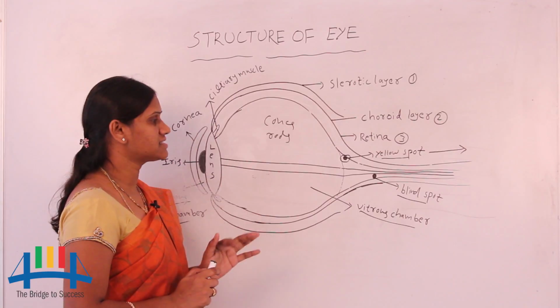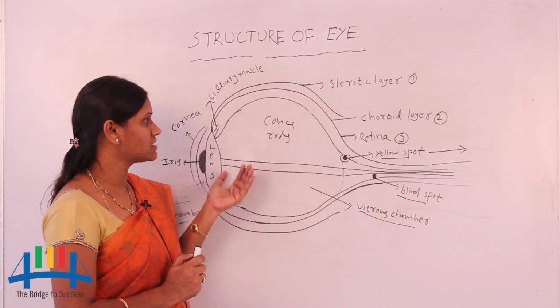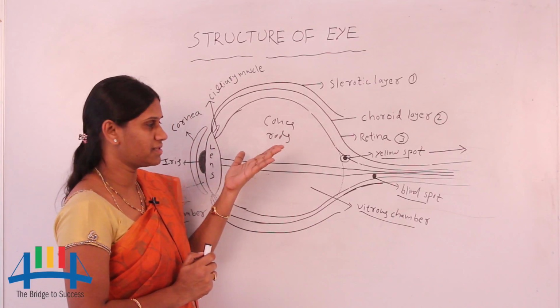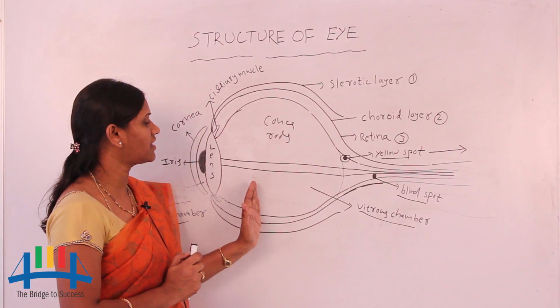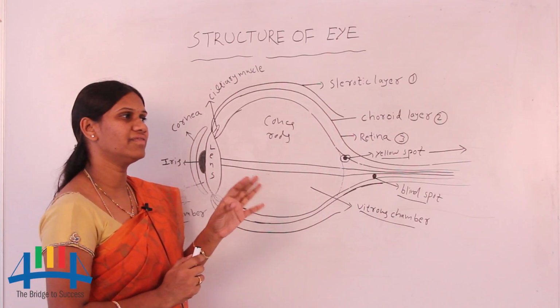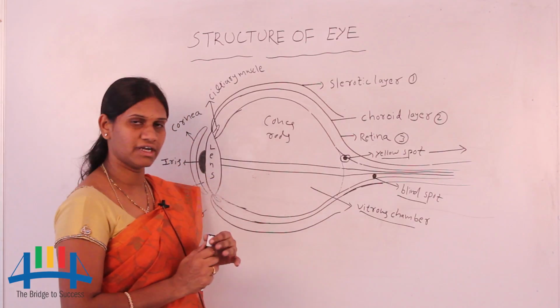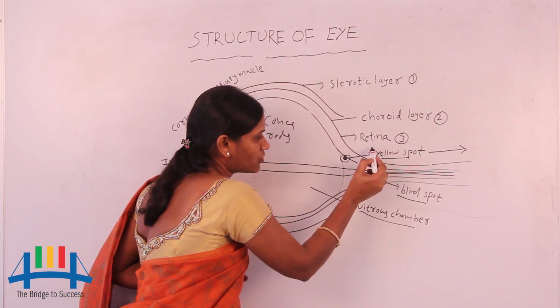Yes, this is the internal structure. If there is any damage, accident, or disease of the eye, or microorganisms from outside, it can damage the internal parts of the eye. Commonly we know night blindness, xerophthalmia and color blindness. For that, we look at the yellow spot.